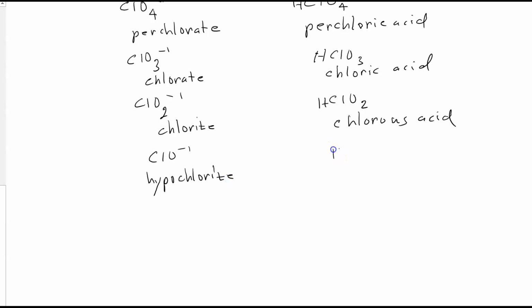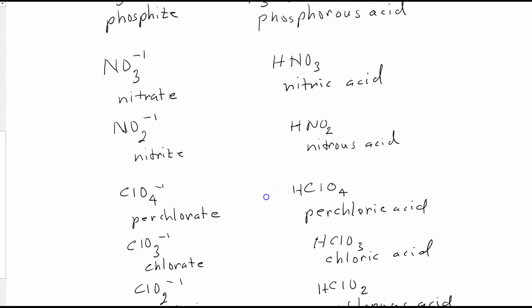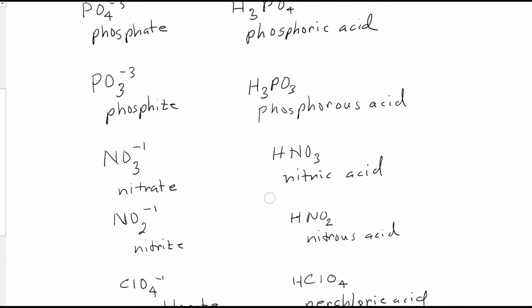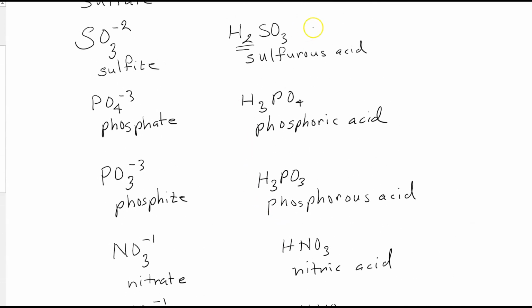And so therefore HClO is hypochlorous acid.